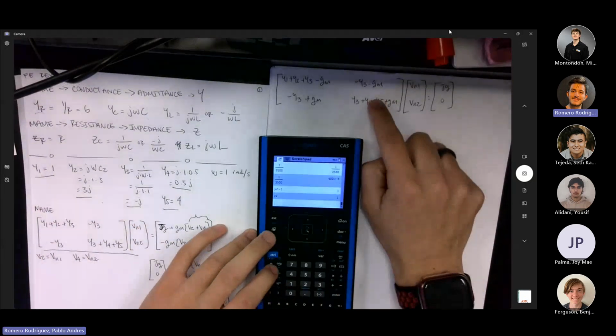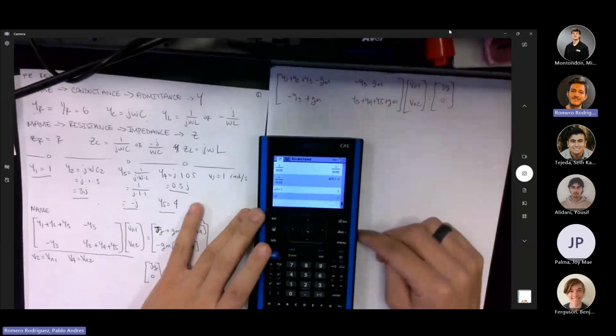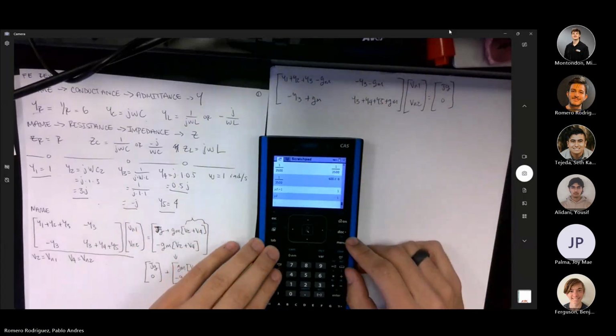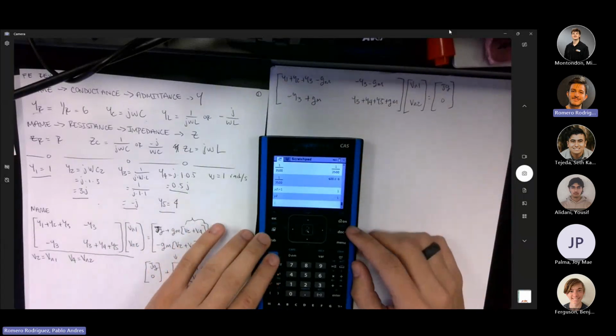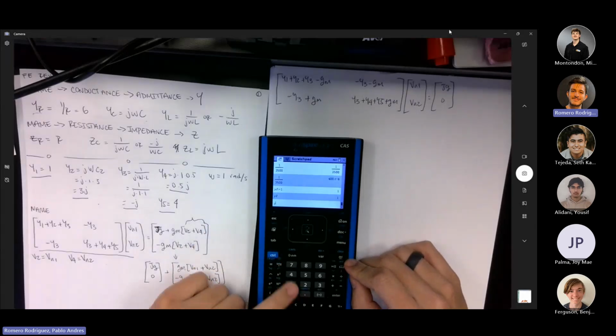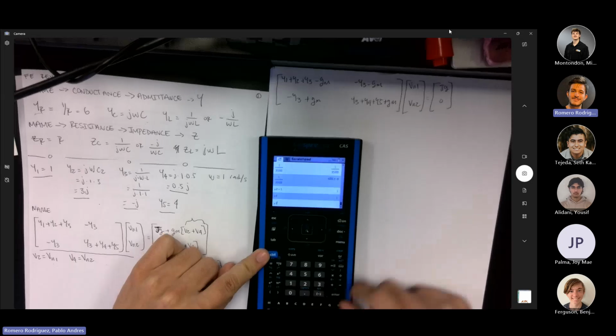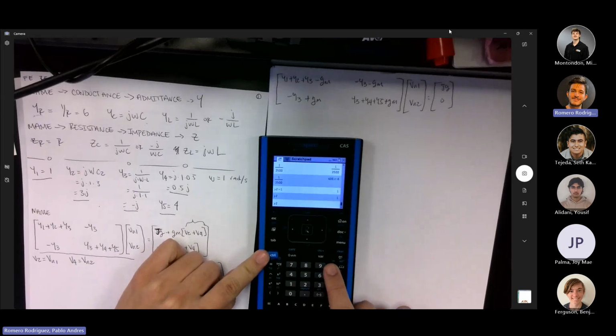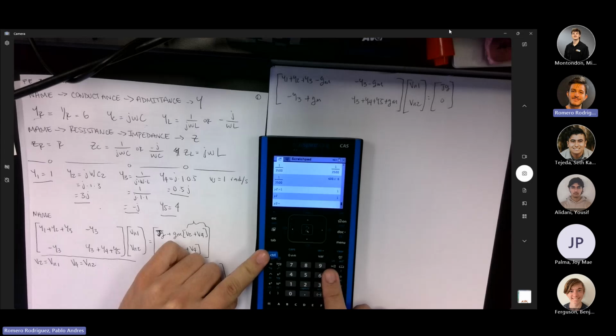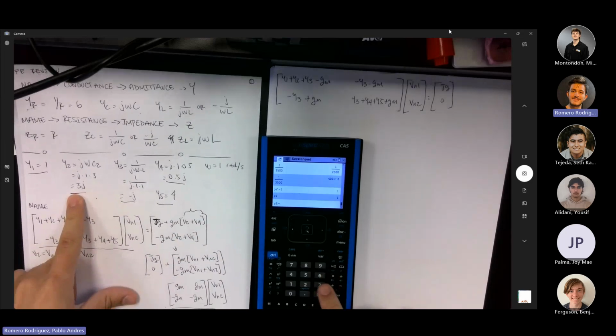That way I can put literally the same matrix in the calculator and calculate it from there. I'll do that for all of them. Let me do it with y2: you hit control and the button that has the semicolon and equal sign, then put whatever value it is. That was just 3j, so that's 3i.